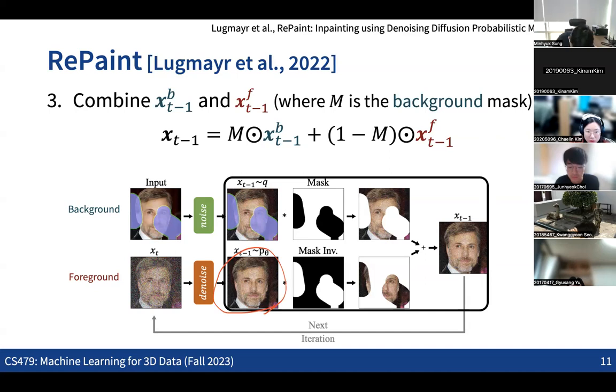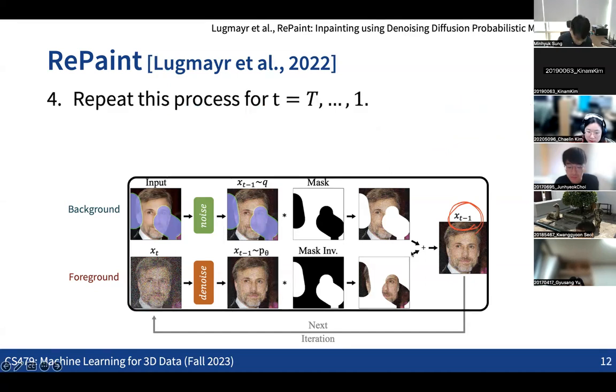For the other image, we take the background region using the inverse mask. So finally, we get the combined x_{t-1}, which will be used as the intermediate noisy image in the next step. So basically, we are repeating this process, right?